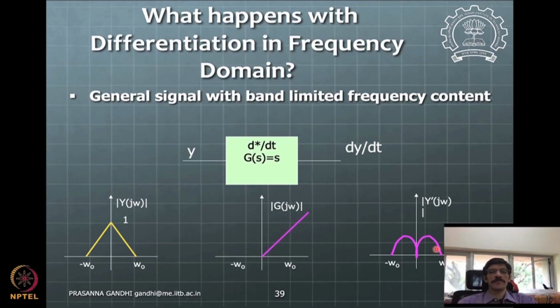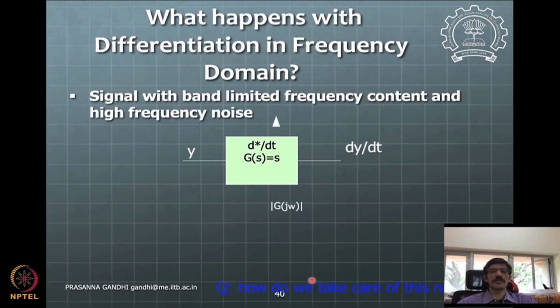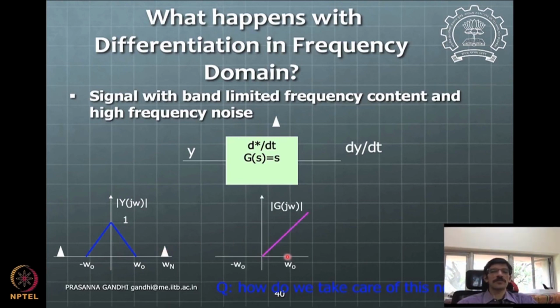One can see that if the original signal has some noise content, typically signals have noise at a high frequency. When you pass it through the differentiation operation, even with ideal differentiation, you find that this noise, at say omega n frequency, which is farther away from omega 0, typically higher frequency noise, gets amplified. The higher the frequency, the greater the amplification of the noise.